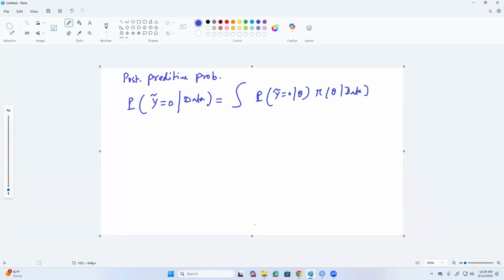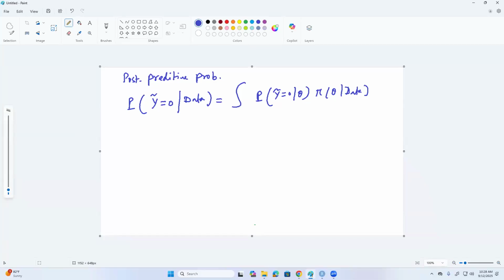What is that y tilde? Y tilde is a future observation. I know my observed data are coming from a Poisson distribution. When I say new observation, I'm referring to a new observation coming from another distribution. Definitely it's a discrete distribution, right? What is that distribution?